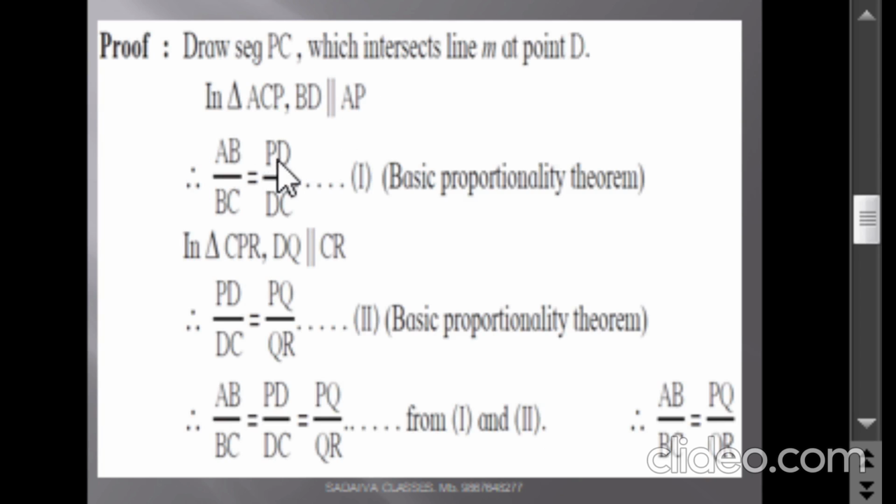Therefore, what do we get? By the basic proportionality theorem, AB upon BC is equal to PD upon DC. Call this equation 1.